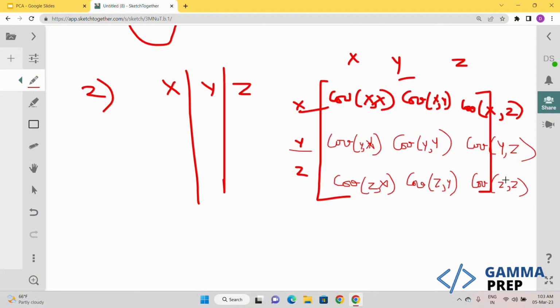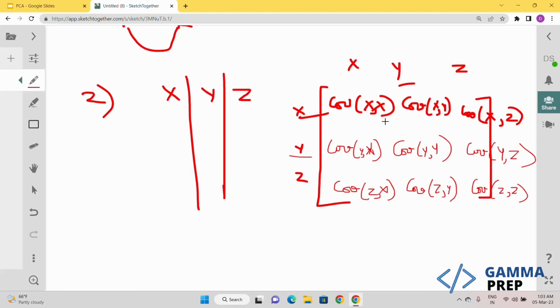Now, what is the covariance of X and X? It's actually the variance of X only. You're not comparing X with something else, you're just comparing it with X. So it's basically variance.